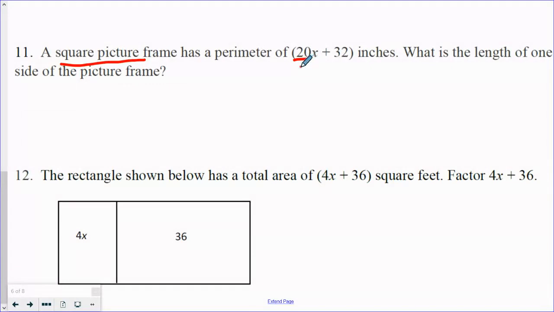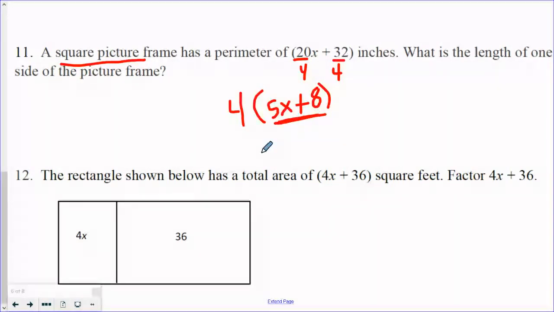So if I take both of these and divide them by 4, that's going to give me my answer. Its greatest common factor is a 4. So I have 4 outside my parentheses. So what's inside? I would have a 5x plus my 8, because 4 goes into 32 8 times. This right here is my answer.